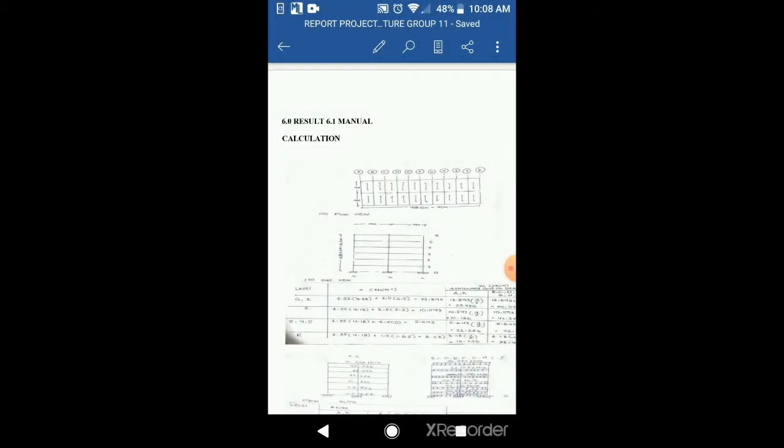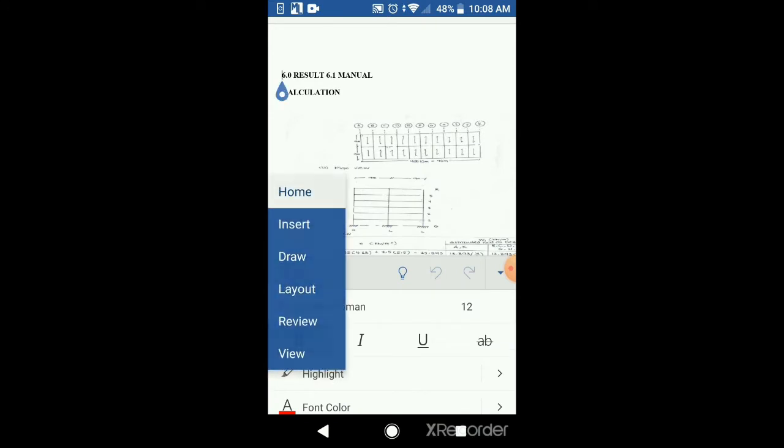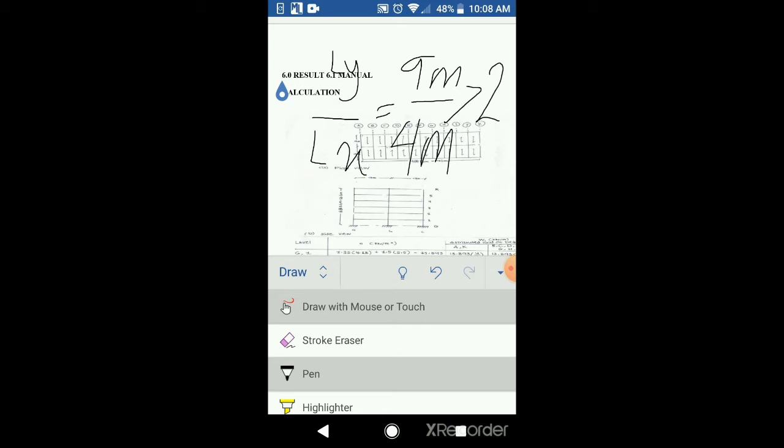Before that, we need to determine our slab system. We use the formula of the longer span over the shorter span, where the longer one is 9 meters and the shorter one is 4 meters, and the ratio gives us a value of more than 2, so our slab system is a one-way slab.